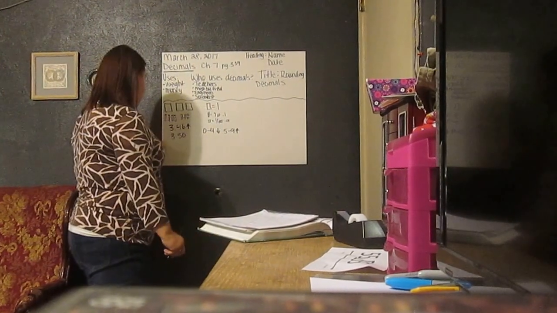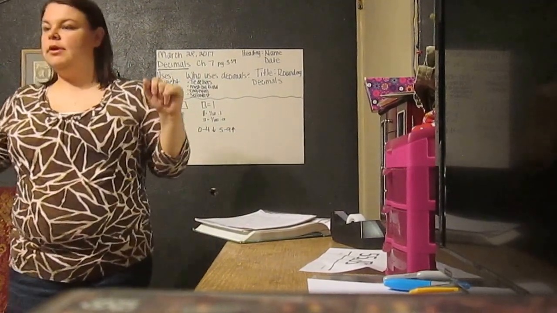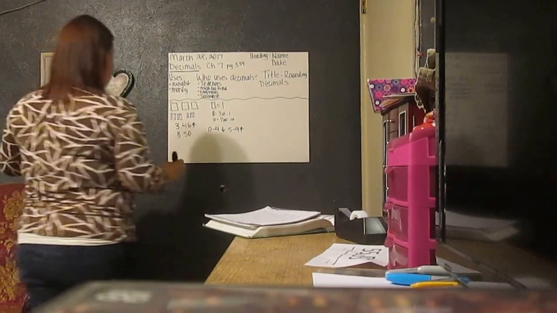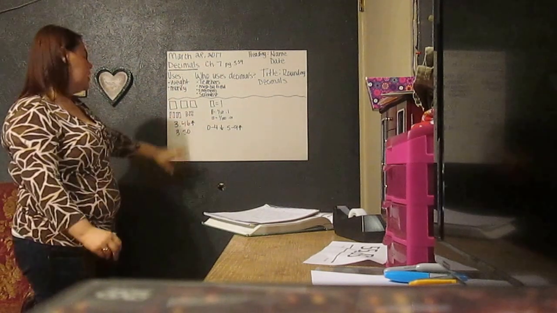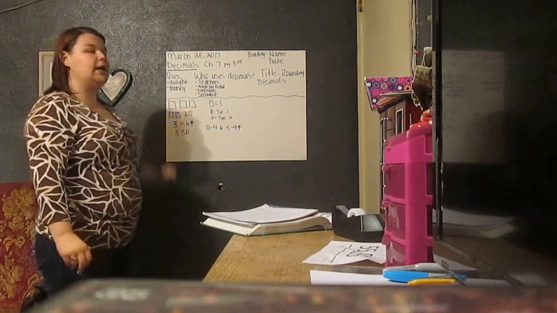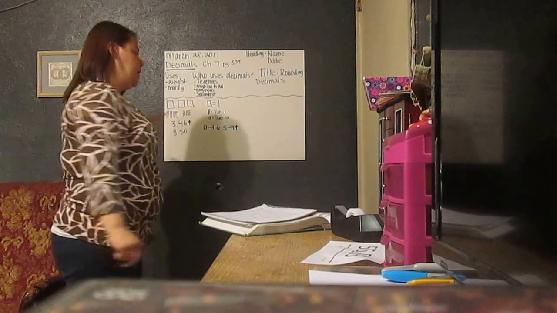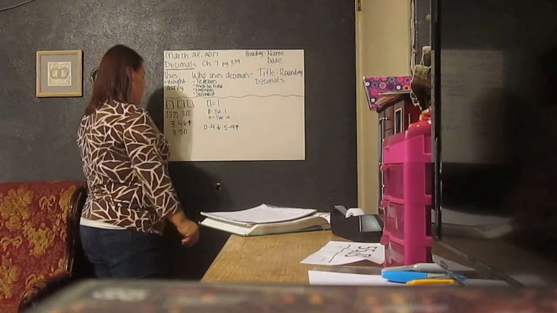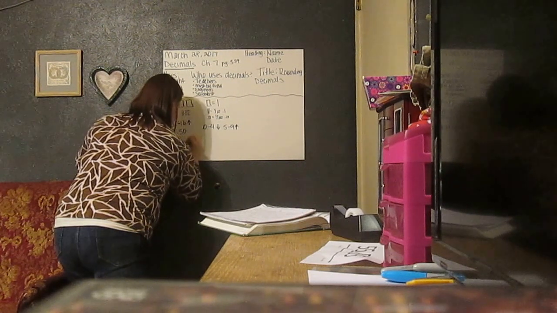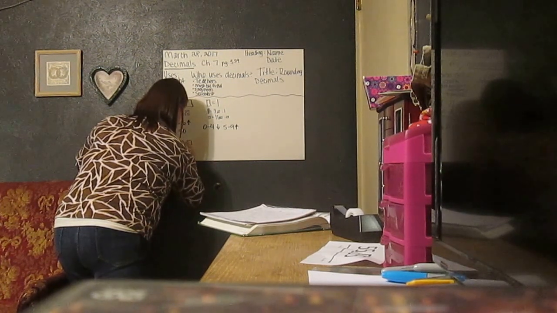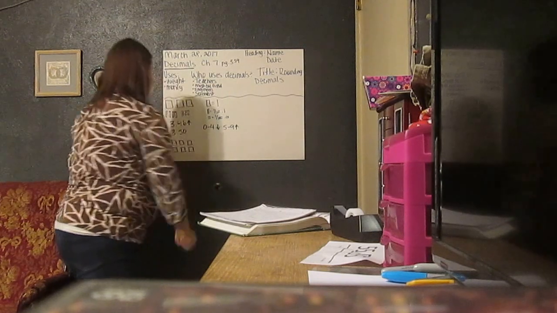Let's move on. Somebody give me a number. 782. Okay, how can we draw 782 using our squares, strips, and small squares? How many large squares will we have? 7, that's right. 2, 3, 4, 5, 6, and 7.